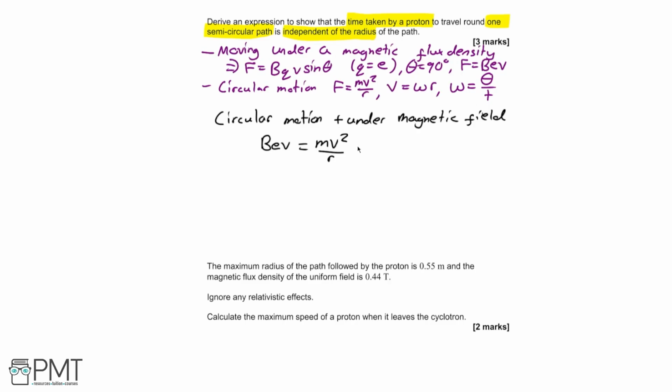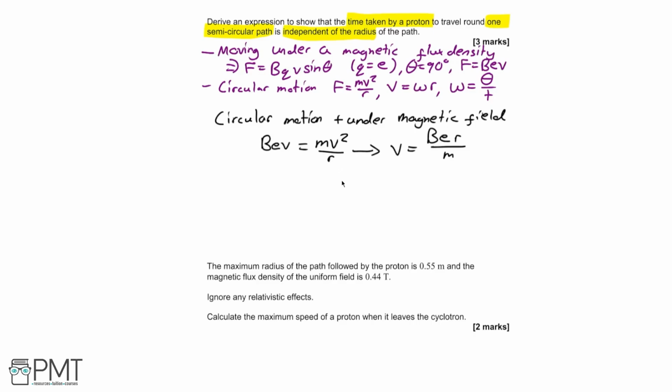So rearranging this a bit, we can multiply both sides by r and divide both sides by v. So we're left with v, and then divide both sides by m as well. So we're left with v is equal to BER divided by m, like so. Now we want to relate v to the time taken to go around one semicircular path.